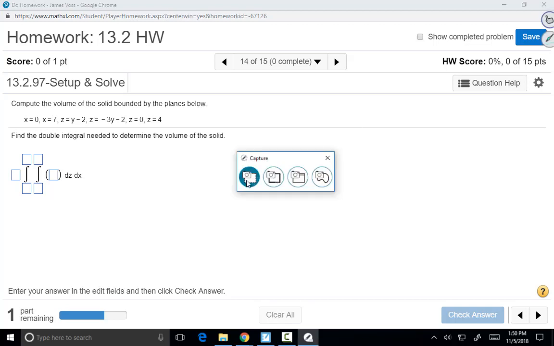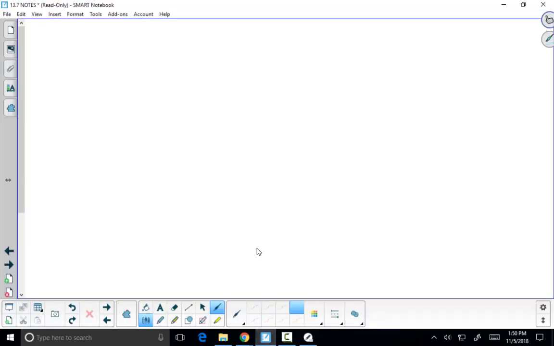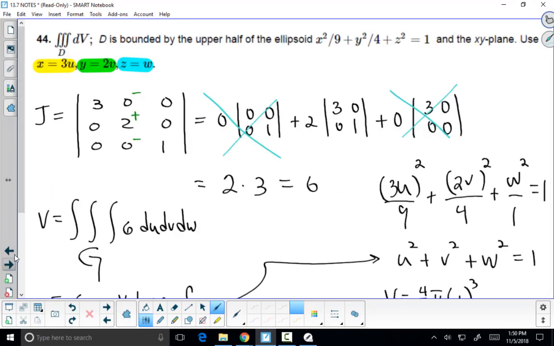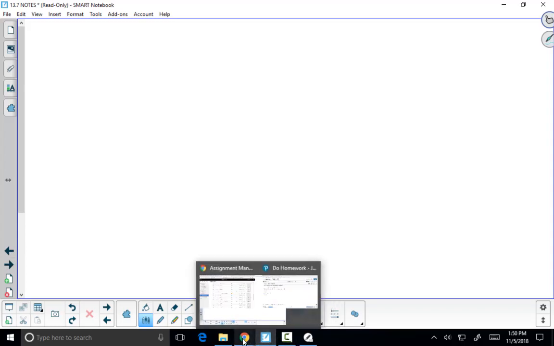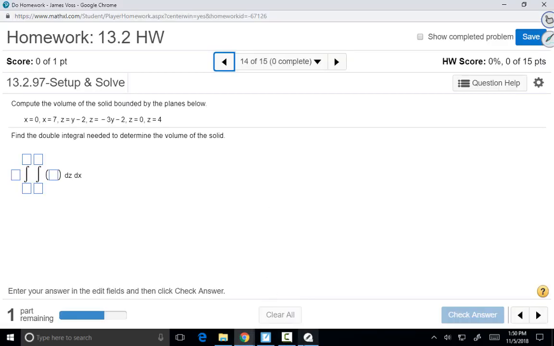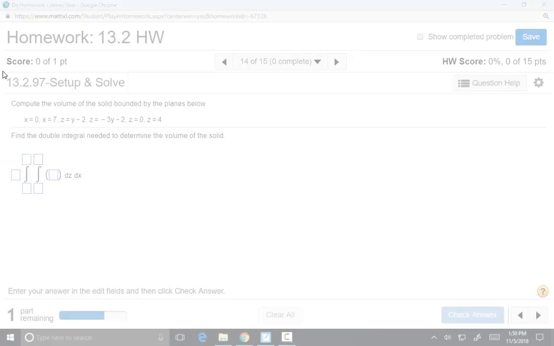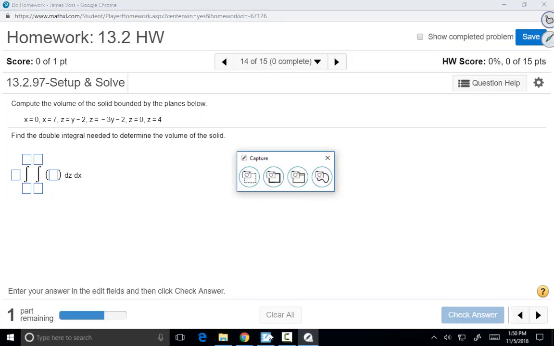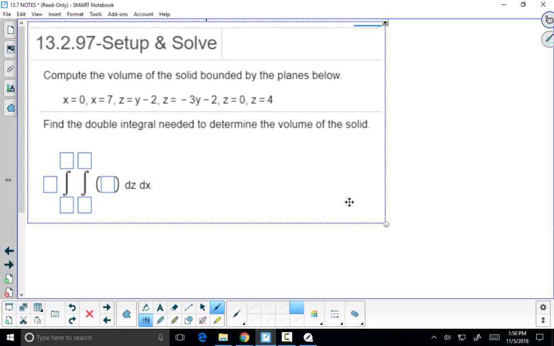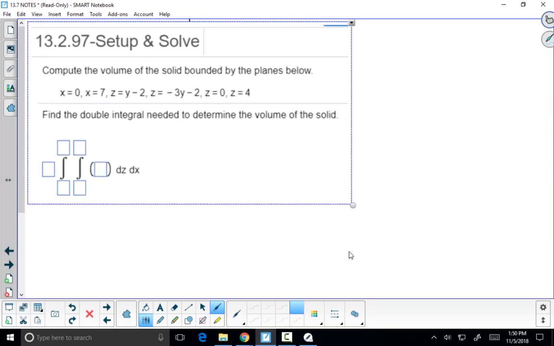Yeah, I remember doing the trough. I have it over here. Is this not it? Where did it go? It vanished totally. Send to current page. There it is. We'll just set it up.